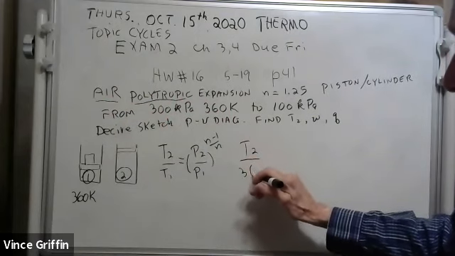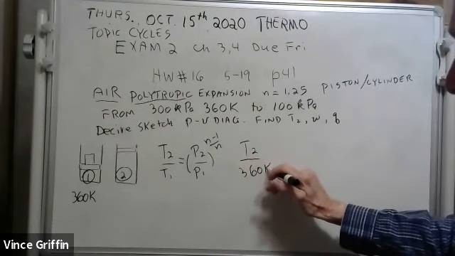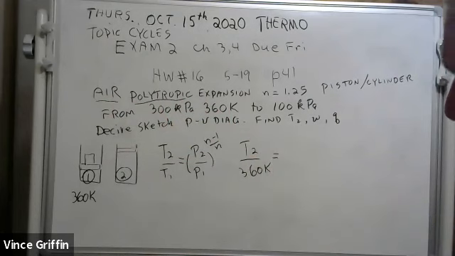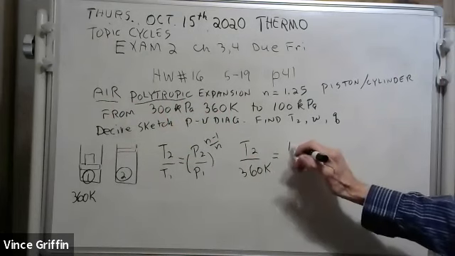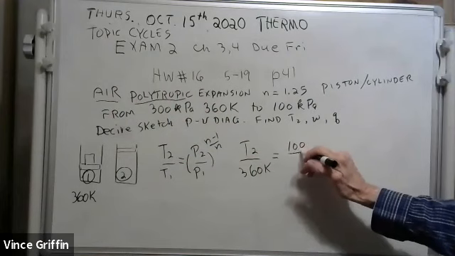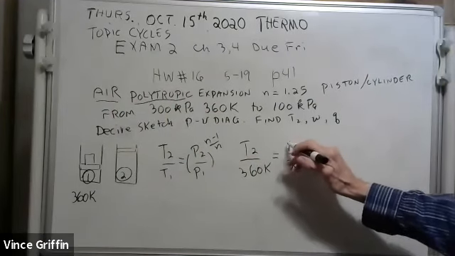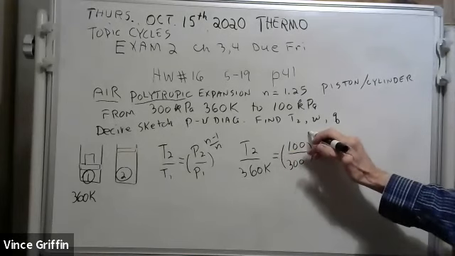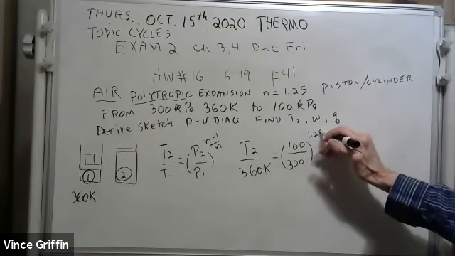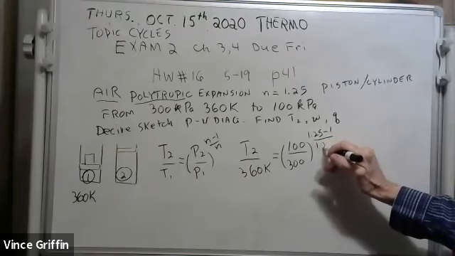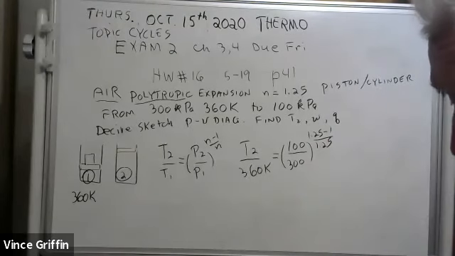T1 is 360. It's got to be in Kelvin. P2 is 100. P1 is 300. N is 1.25. Okay, I'm going to be quiet for a minute.